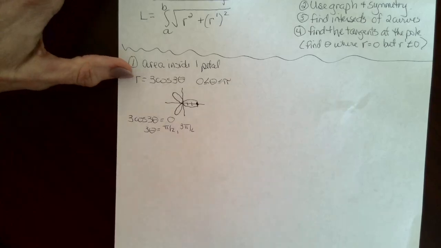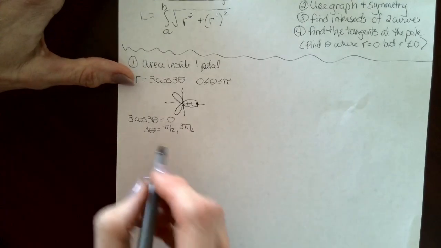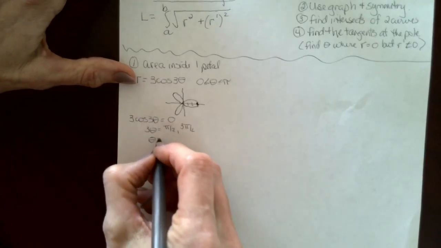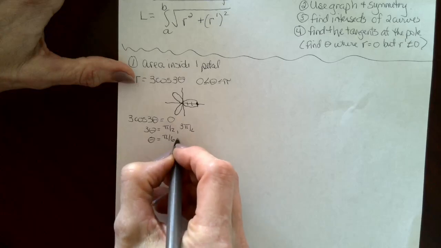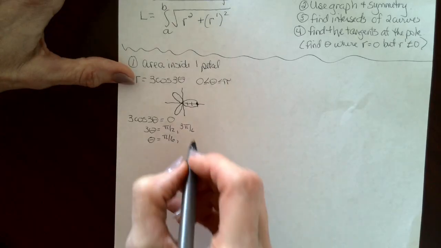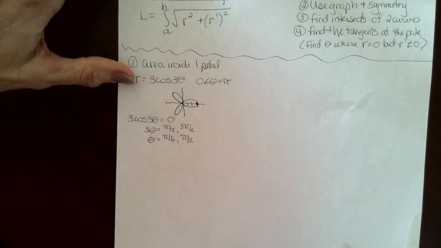And I think that's as far as I really need to go for this one. So then theta is equal to pi over 6 and what? Pi over 2? We went out one more yesterday and found out that it hit that pole 3 times to trace this whole curve out. We don't need that.